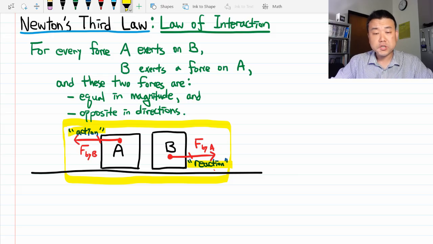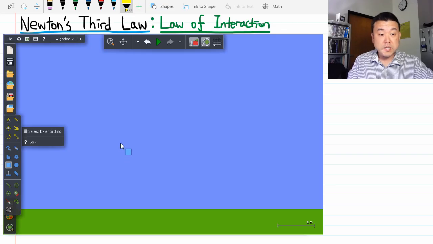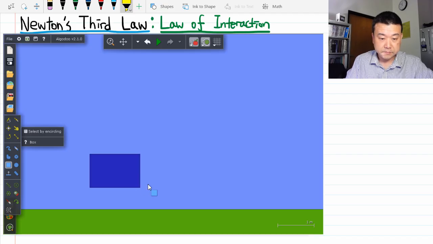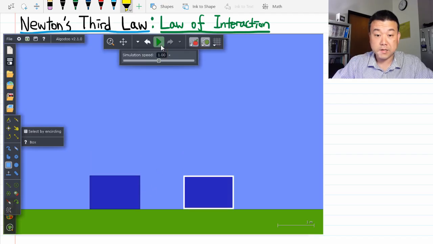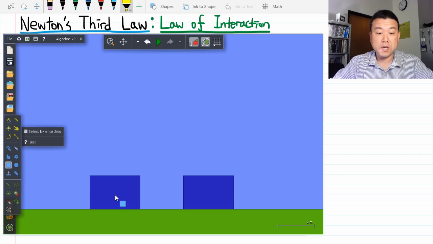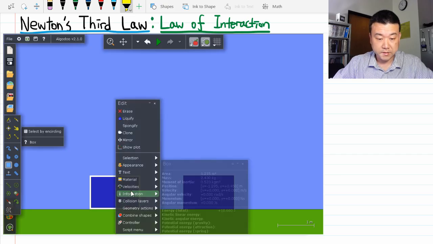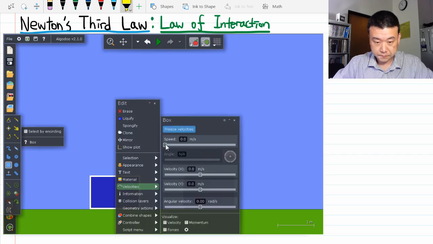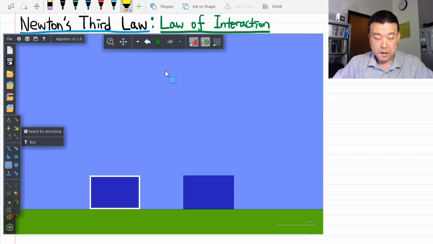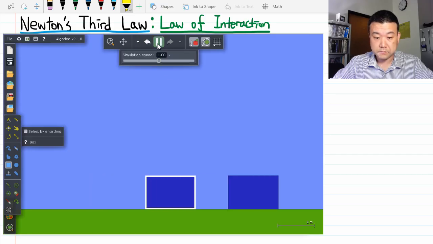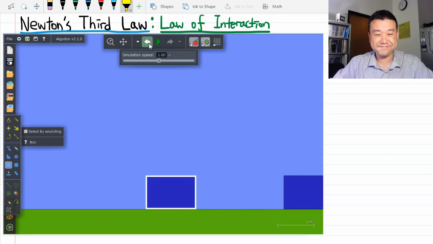All right, let me illustrate this to you with some examples. So this is a simulation software where I can simulate things. I can create objects in here, and I can have these objects interact with each other. Let me give one of these two boxes some velocity. And when I start the simulation, that's what you see.